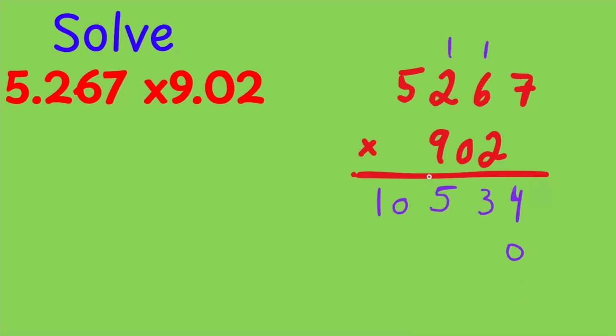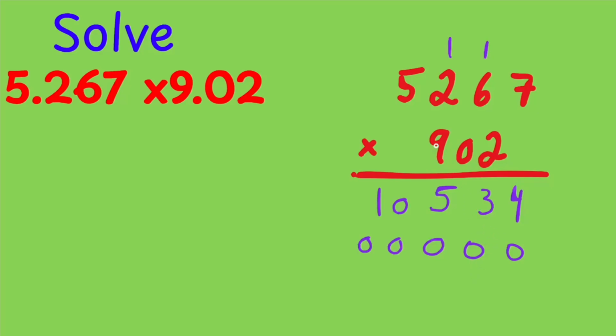Then you will not get any mistake if you multiply every single step in your factors. Okay, then multiply 0 by 7, by 6, by 2, by 5. I need to put here 4 zeros because when we multiply 0 by any number of digits, it will give me 0.